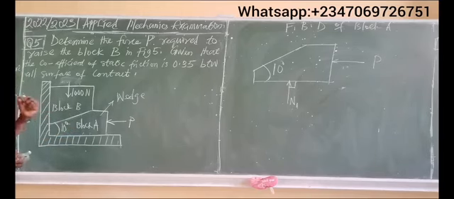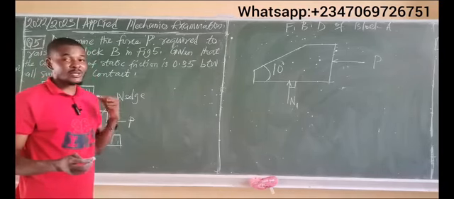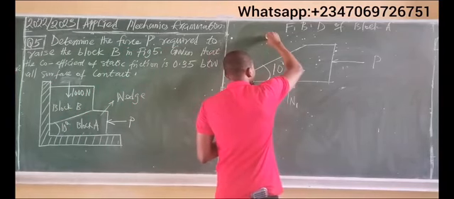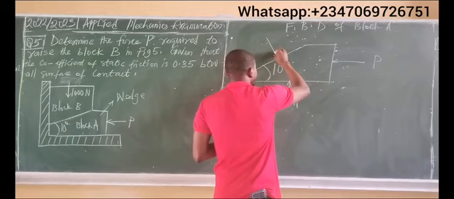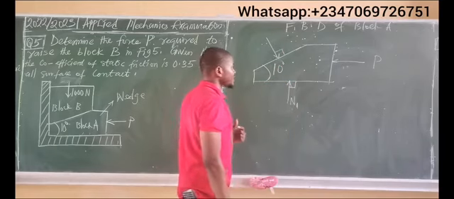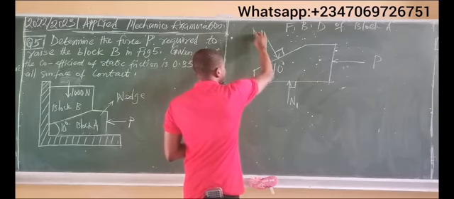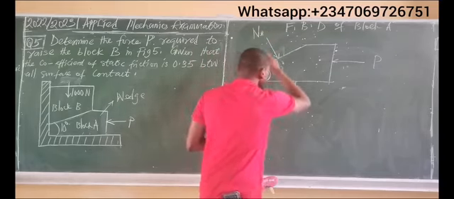And I've already said, whenever two surfaces come in contact, there is always bound to be a normal reaction. So you put in the normal reaction, and it must be at 90 degrees to the surface, as can be seen here. Call this normal reaction N2. All right, we can take this off.